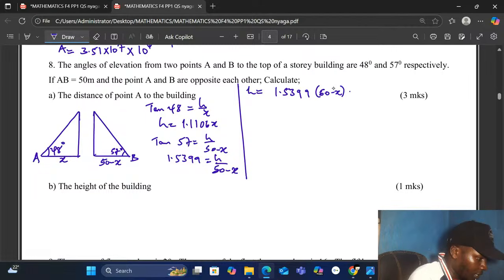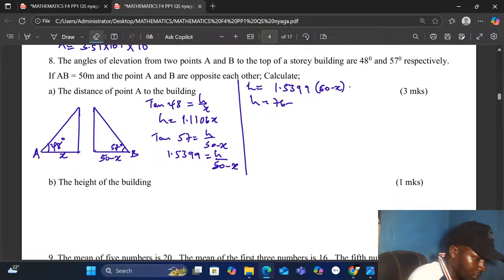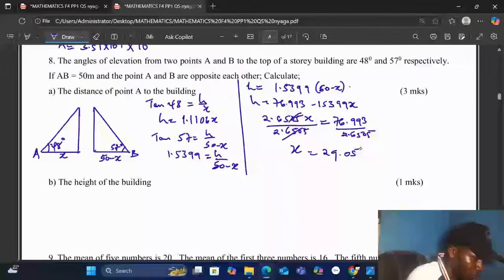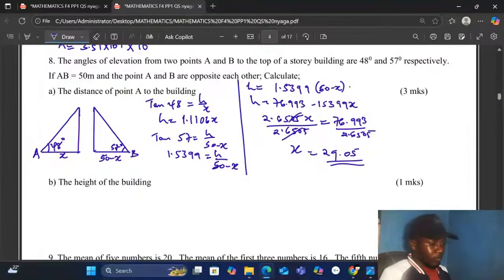Height, 76. Now we divide by 2, and we shall have x equals 29.05.